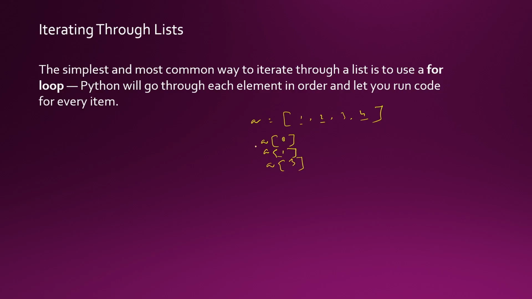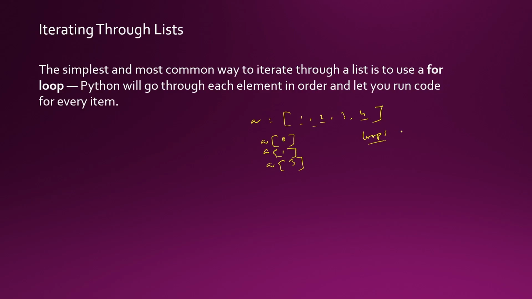So we have to write multiple times to get whatever value is required. But to get all the values from a list at once, we use loops.